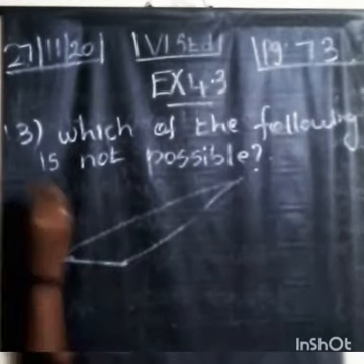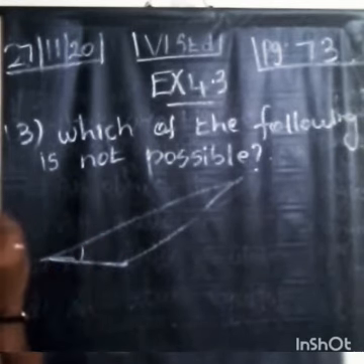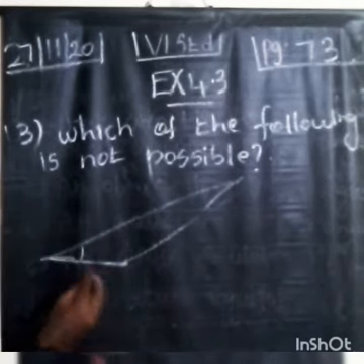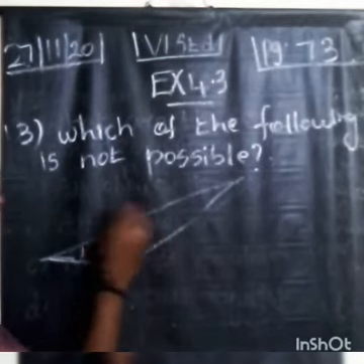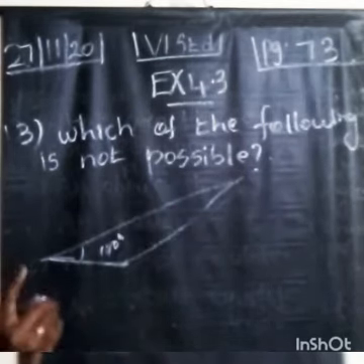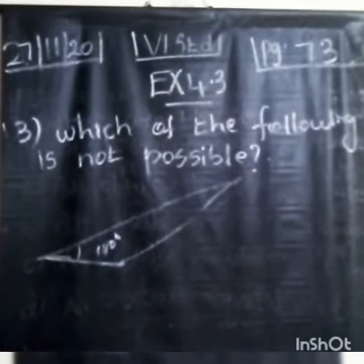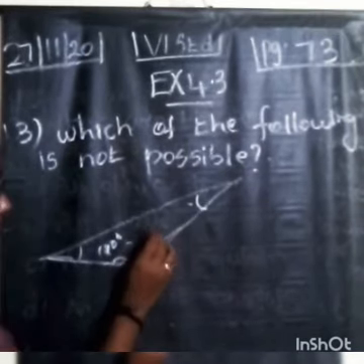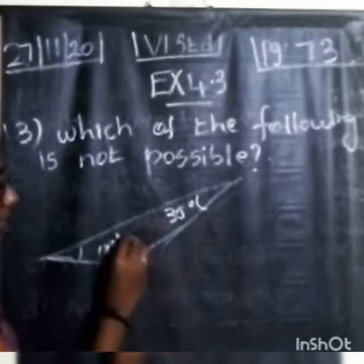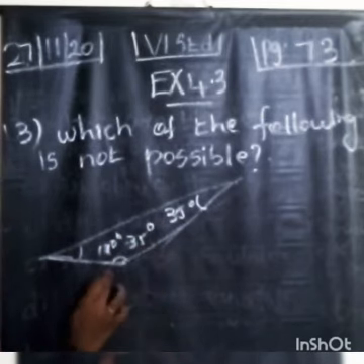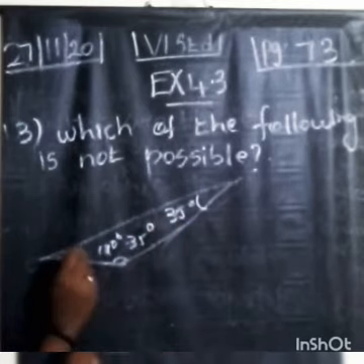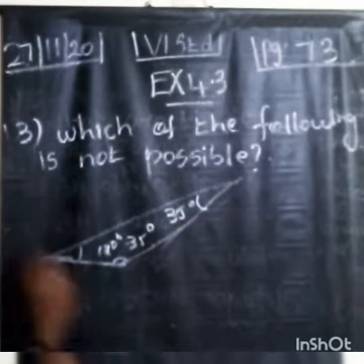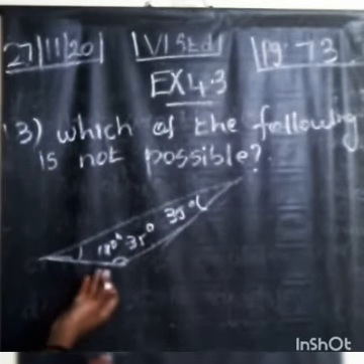Obtuse means one of the angles should be between 90 degrees and 180 degrees. Suppose this is 110. Obtuse isosceles means the other two angles should be equal, 35 degrees and 35 degrees. So this is obtuse and also isosceles, which is possible.